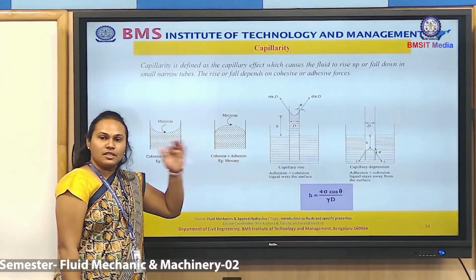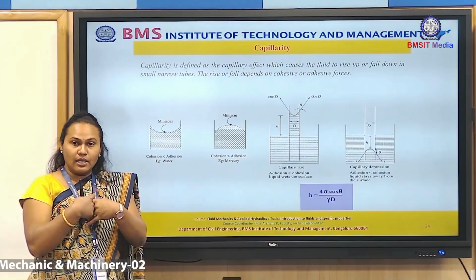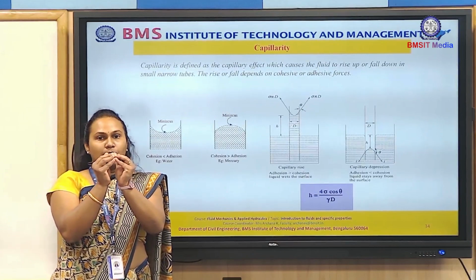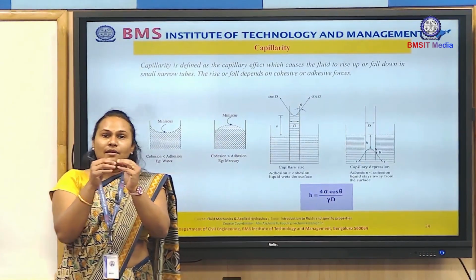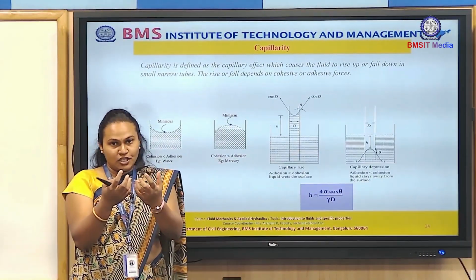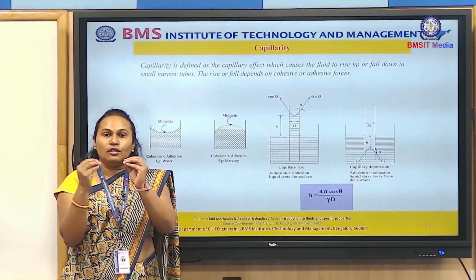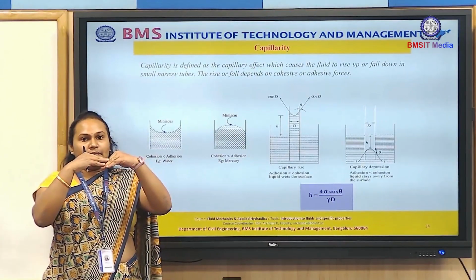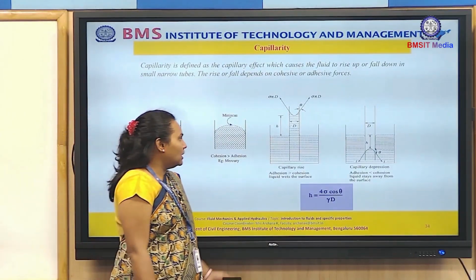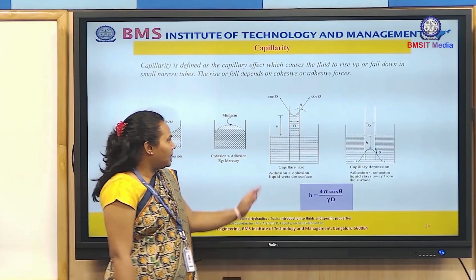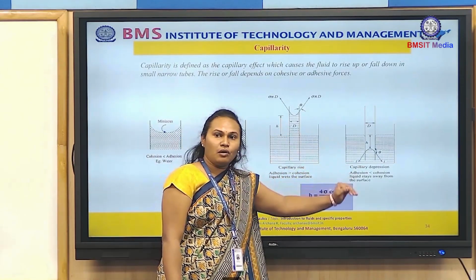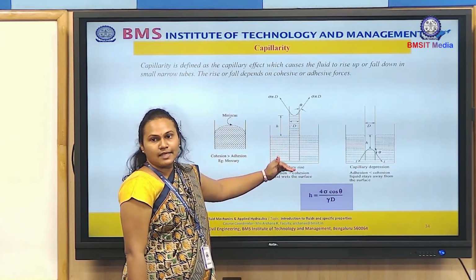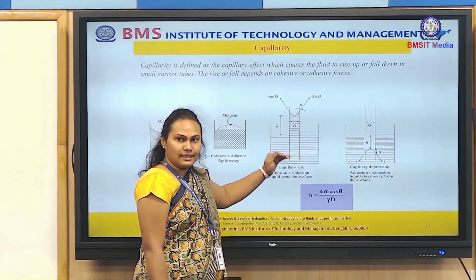So any fluid which has higher intermolecular attraction between the same fluid molecules, you will end up with the upward meniscus. But if you have a fluid having greater adhesion, where the attraction between two different molecules is greater, then you will have a lower meniscus. Now this capillary effect can be a rise or it can be a fall. In a denser fluid it will be a fall, in a less dense and lighter fluid it will be a rise.